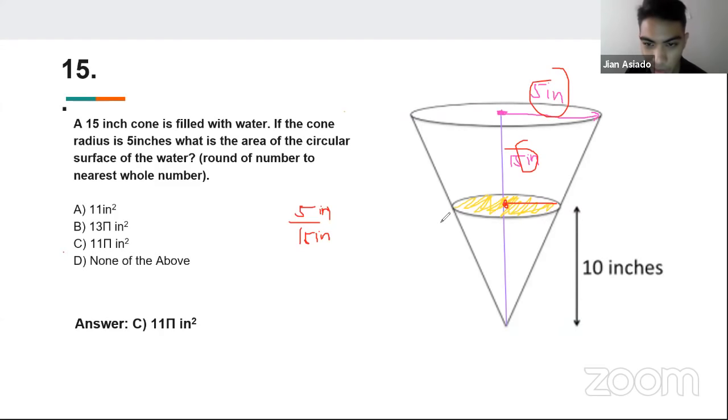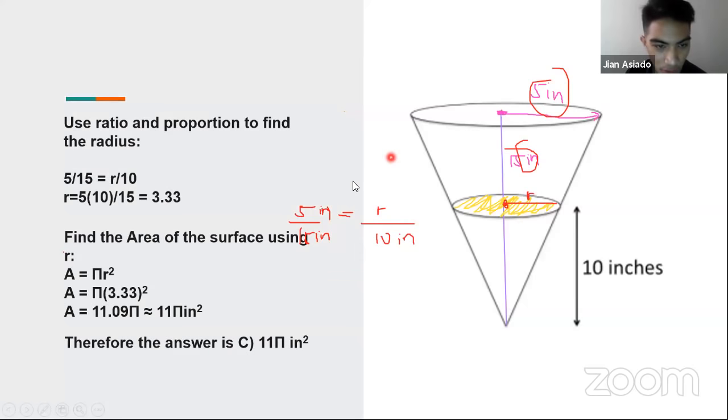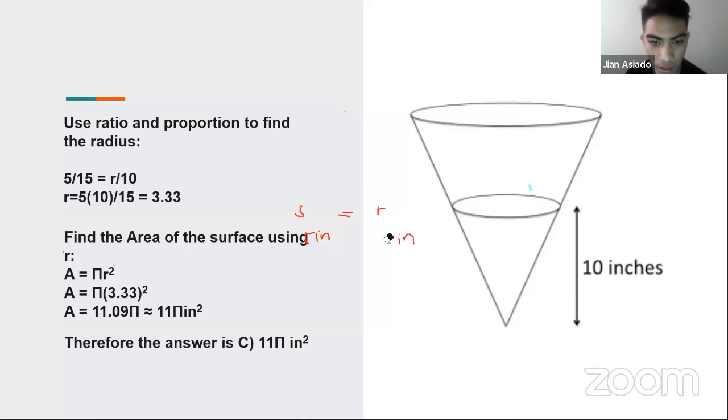Tapos dito para may smaller cone ka, equal yan sa R/10 inches. Si R naman, ito yung small r. Basically, we solve for R. Manipulate, lipat lang natin dun si 10. So, makukuha natin na R ay 3.33.